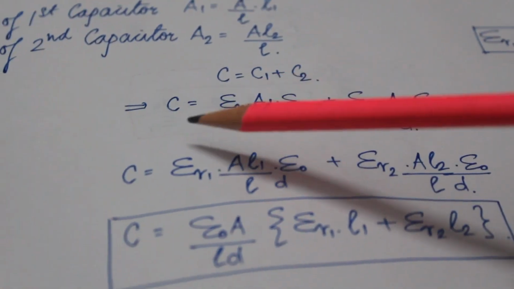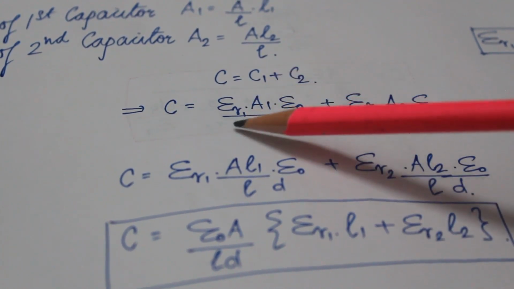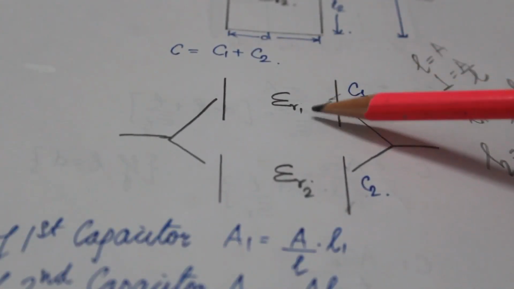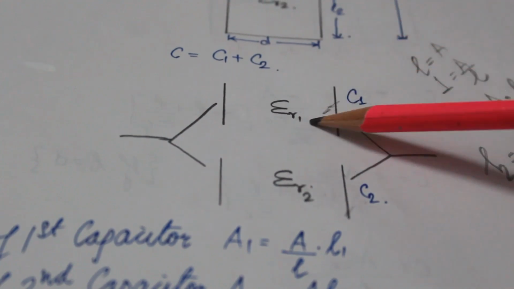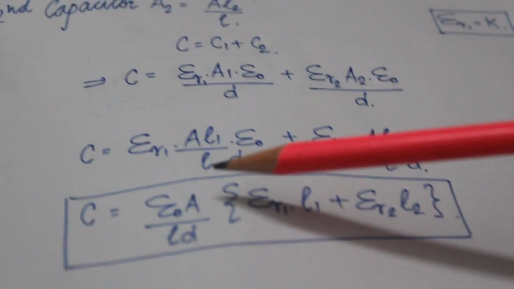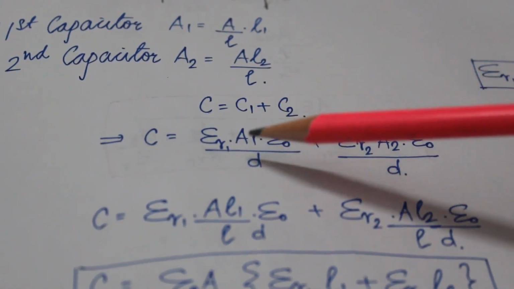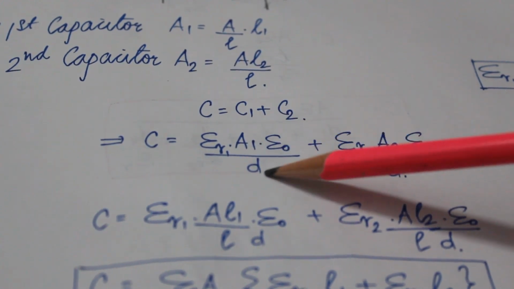If I put it, I'll get C is equal to epsilon R1, because it is being filled by the dielectric constant epsilon R1, so epsilon R1 A1 epsilon naught upon d.